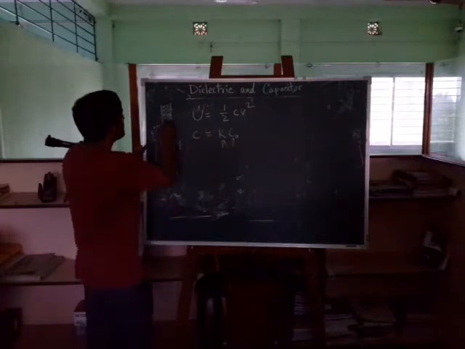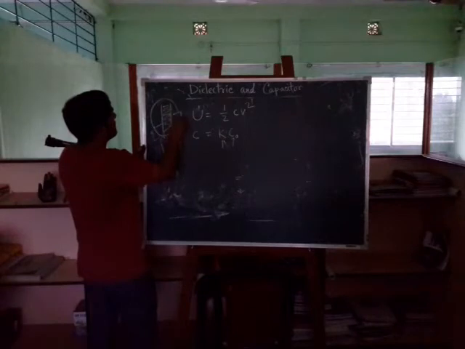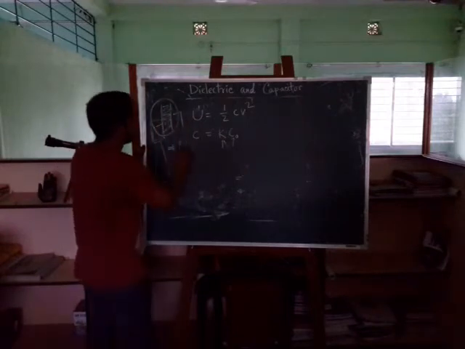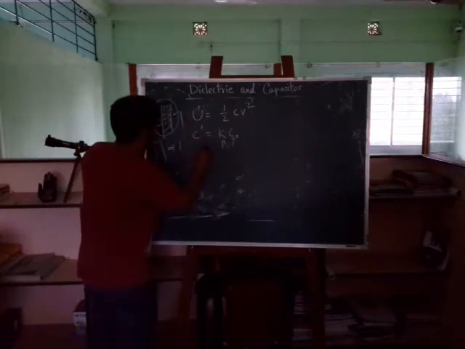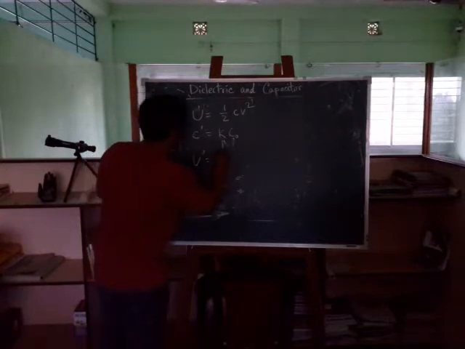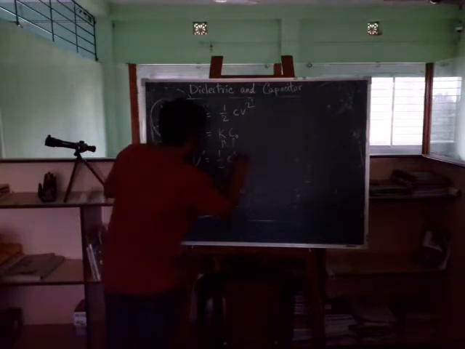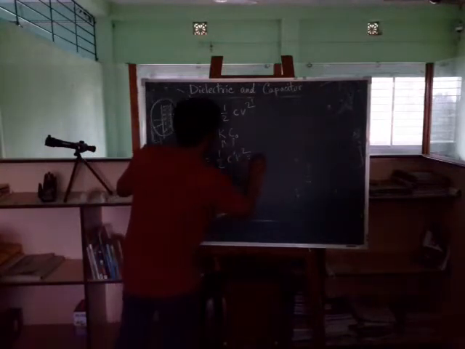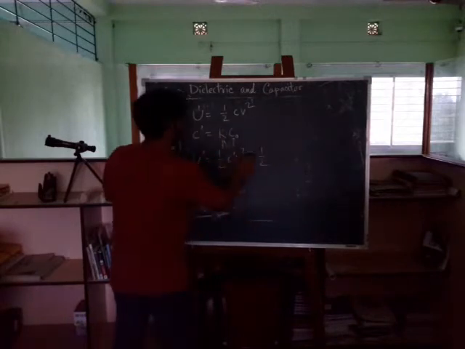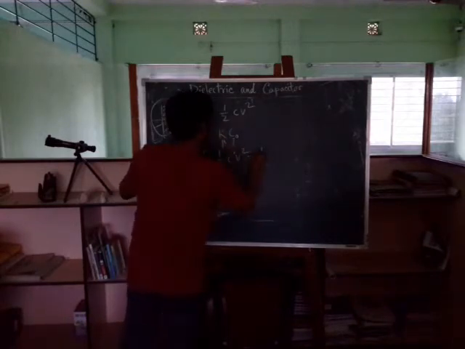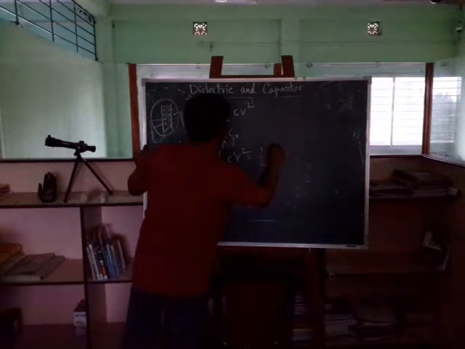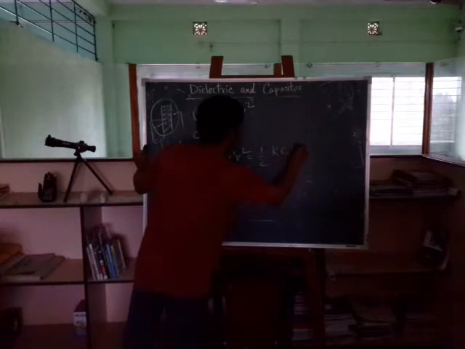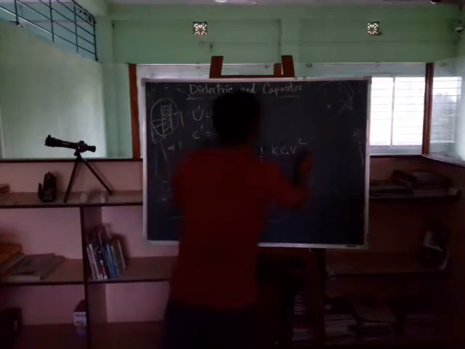So what is the energy stored in this kind of capacitor where we have a dielectric constant? We will call it U prime. So U prime will be half C prime V square, and what is C prime? That is K C naught. So C prime is K C naught, V square, very simple.